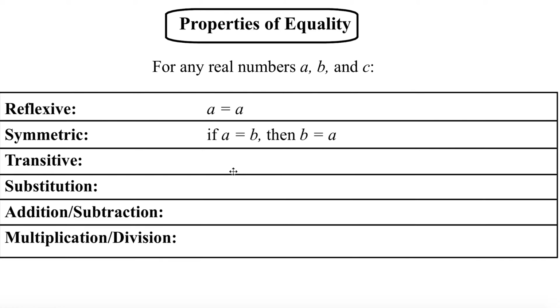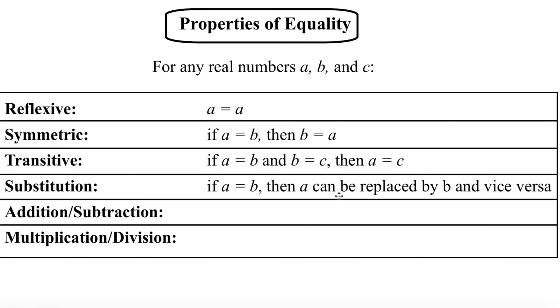The transitive property says if you have two things that are equal to the same thing, then they must be equal to each other. So if A is equal to B and B is equal to C, so both A and C are equal to B, then we can say A must equal C. That's the transitive property. Substitution says if A equals B, then you can substitute A or B anywhere. You can replace those by the other thing.